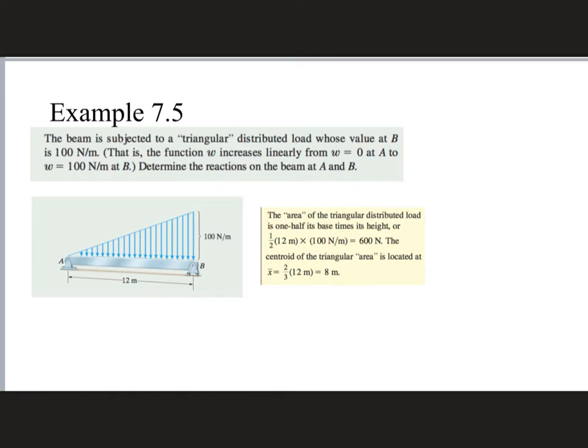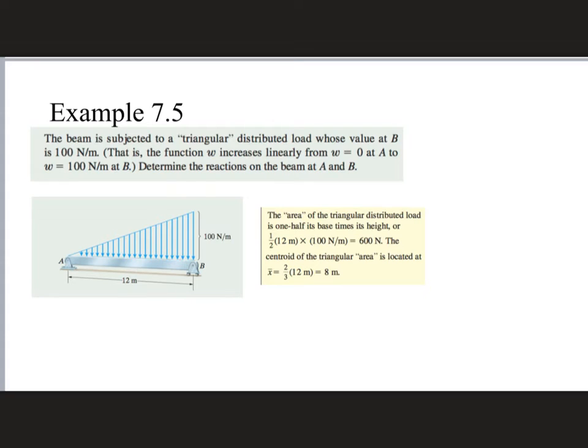So this entire triangular distributed load, if I had sandbags piled up, so here I've got 1 sandbag, 2 sandbags, 3 sandbags, whatever, such that this weight function is the weight acting on this beam, the total weight would be 600 newtons. Now, to find the moment acting on point A, we need to find the centroid of this triangular area.